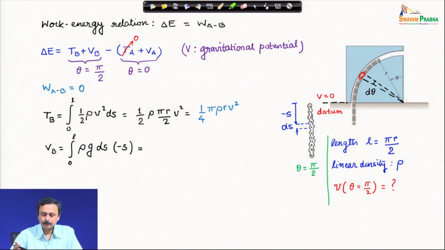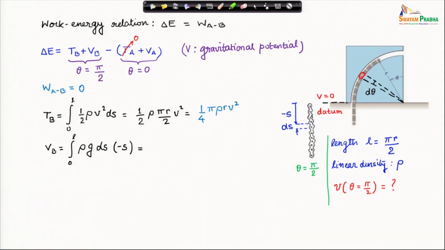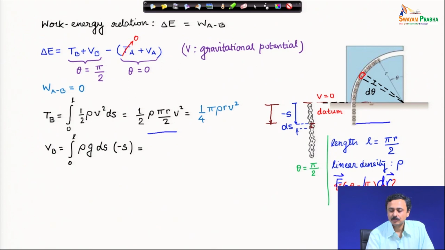Potential energy at position B. Again, imagine this little element which is at the depth d minus s from the 0 datum. I have taken this horizontal line as the datum where V is 0, and to calculate potential energy of this little element which I have shaded, I have to look at the displacement from the datum, and m g y as you know.